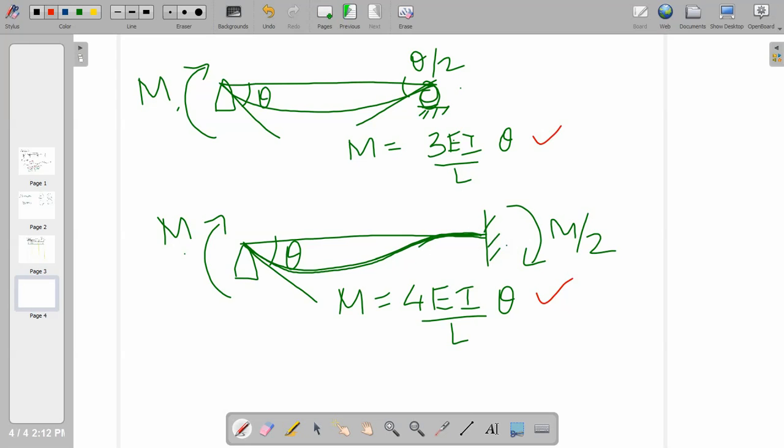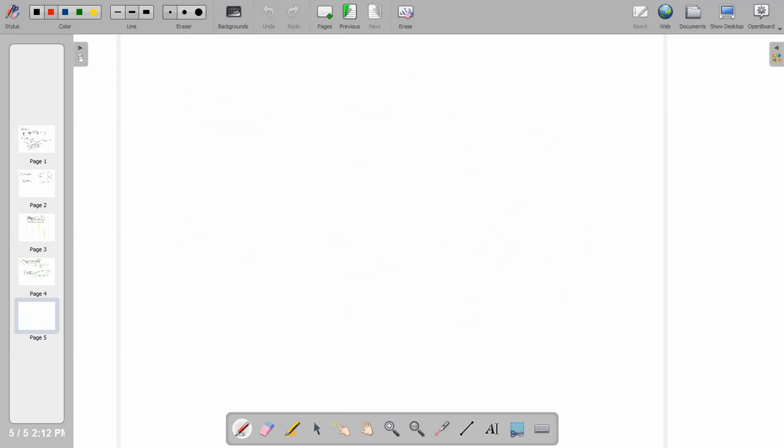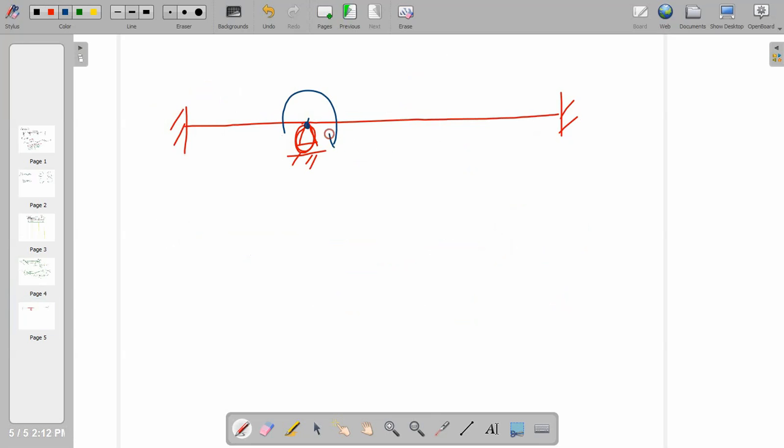So why are we using these two? Very quickly, let's say you have a beam with a simple support or a roller in between. Now let's say I apply an external moment M here. How is this beam going to twist?